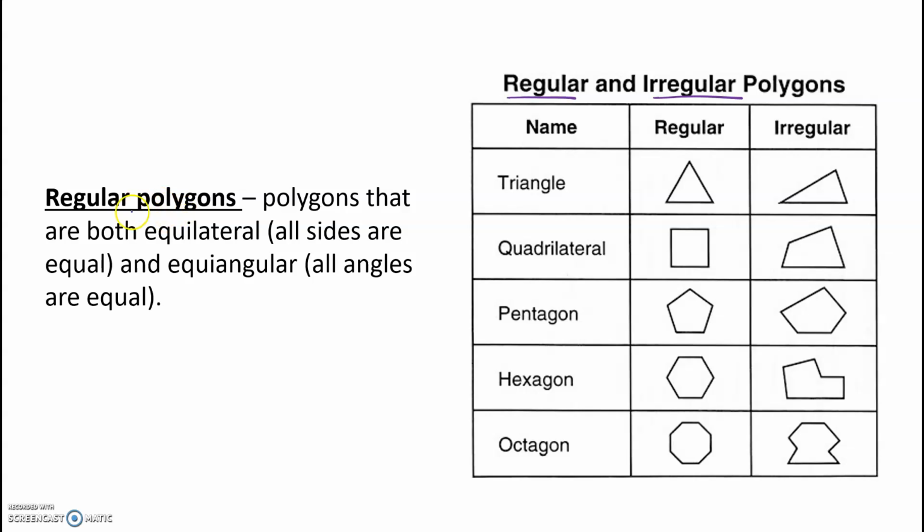But notice that the definition of regular is it has to be equilateral, so all the sides have to be equal. And equiangular, all the angles have to be equal. So that's an example of a regular triangle, and an irregular triangle where the sides are not all equal and the angles are not all equal.